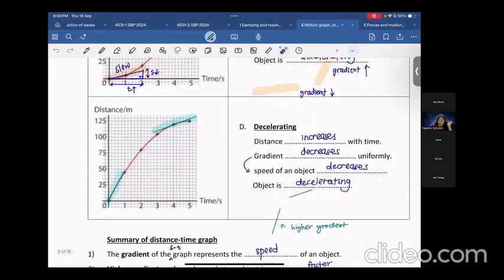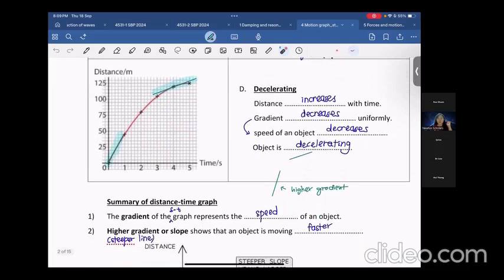Is this object moving or not? Yes, it's moving from 0 to some meter. I don't need to draw a triangle; I'm just using this line to show the gradient.